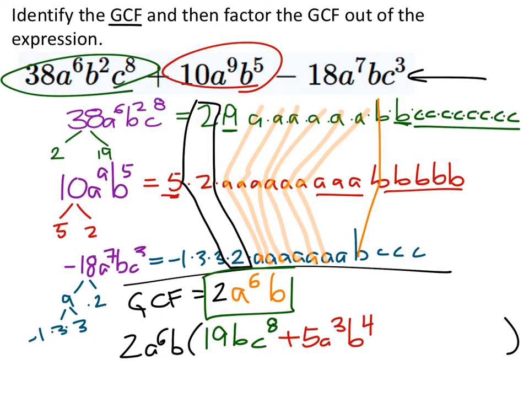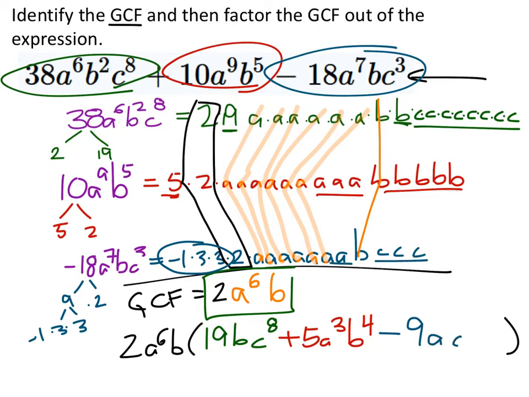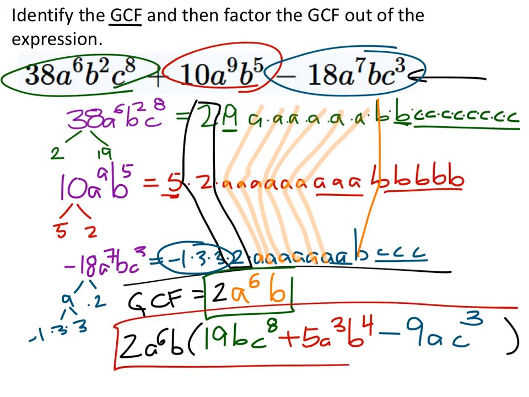And finally, we got this final term, the negative 18 a to the 7th b cubed. There were 3 numbers left over on that, right? We got negative 1, 3, and 3. So we're going to multiply those together, which would give us negative 9. Then I've got this a left over and these 3 c's. Bam. That's my factored expression.